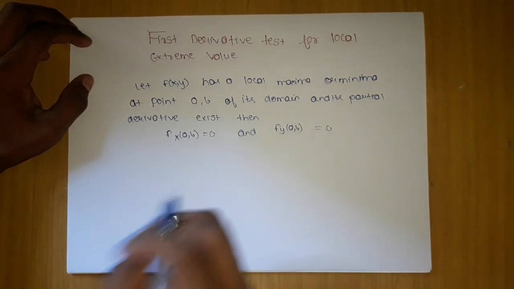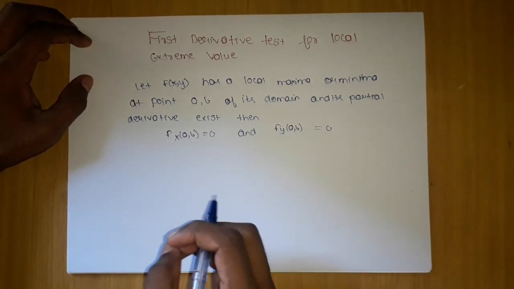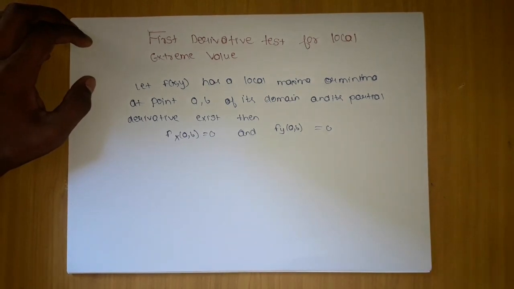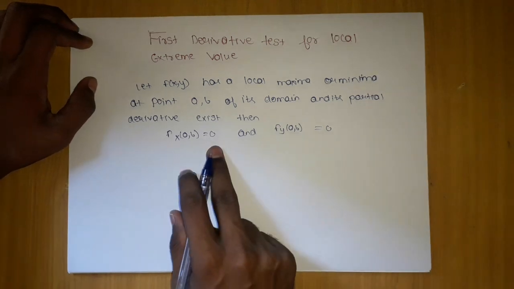If you take f_x, the partial derivative of f(x, y) with respect to x, and substitute (a, b) instead of (x, y), then it will always be equal to 0.